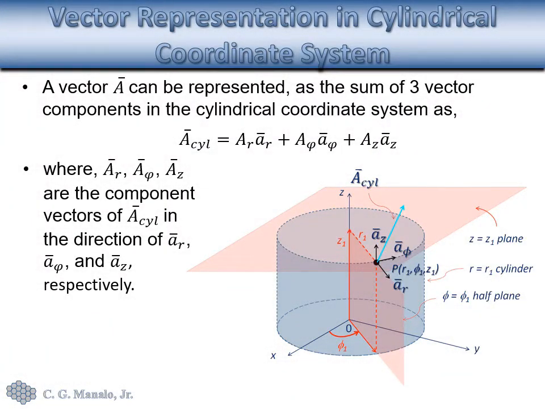So as we can see, the point P is also the intersection of three planes. We have the r equals r sub 1 cylinder, the cylinder here colored blue, and also the phi equals phi sub 1 half plane, this one, and also the plane z equals z sub 1 plane.